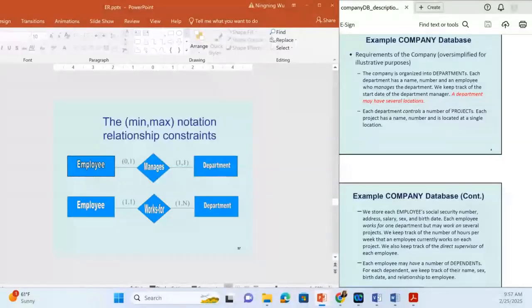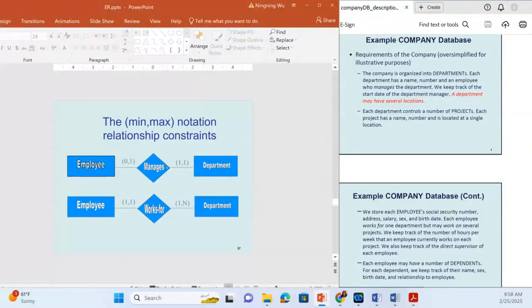So 1, 1 also indicates the minimum number of relationship instances a department participates in is 1, and the maximum number of relationship instances a department participates in is also 1. So what does that mean? When the minimum number is 1, that indicates every department, because minimum 1 means that a department must participate in this manager's relationship at least once.